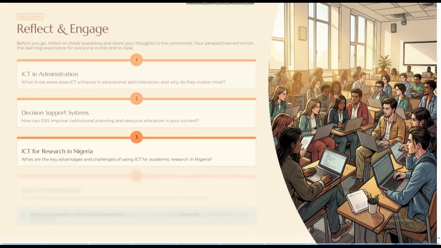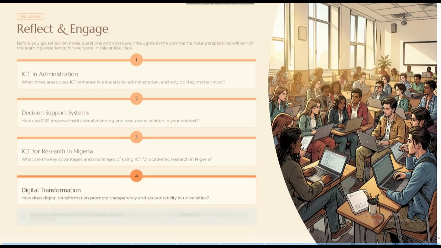Look at ICT for research in Nigeria. What are the key advantages and challenges of using ICT for academic research in Nigeria? As a researcher, can you tell me some of the challenges you have encountered? Digital transformation: how does digital transformation promote transparency and accountability in our universities?